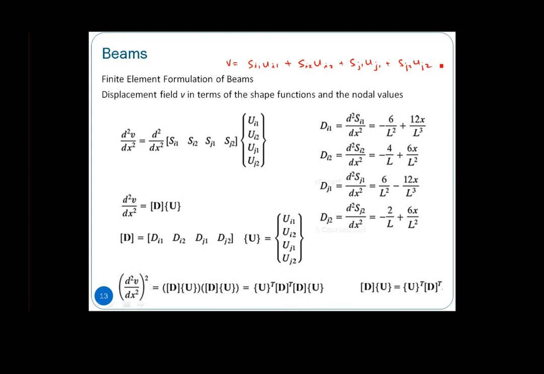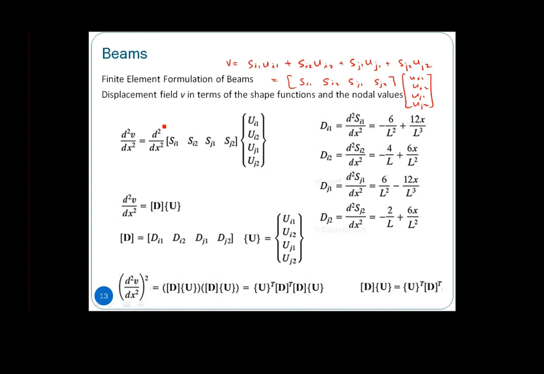So we can rearrange everything in matrix form: Si1, Si2, Sj1, Sj2 multiplied with ui1, ui2, uj1, uj2. So that is in matrix form.